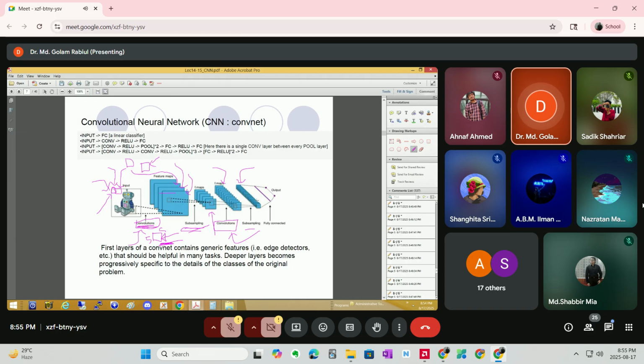In this way, we can perform several convolution and several pooling operations. As we know, each convolution tries to find out features. That means it will try to find the feature of the beak, extract the feature of the eye, and extract the feature of the wings and legs.